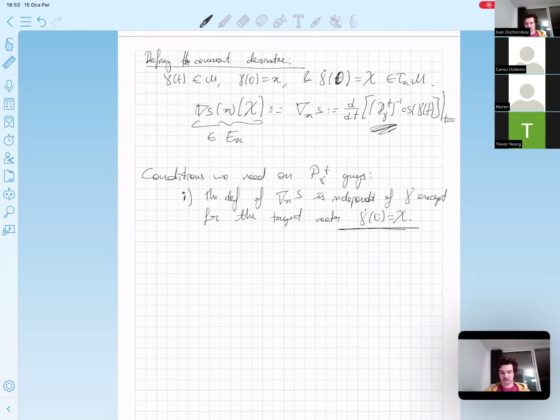Now we get to choose this. We have to choose this. This needs to be chosen. When I say independent of gamma, I always mean independent of gamma up to homotopy.